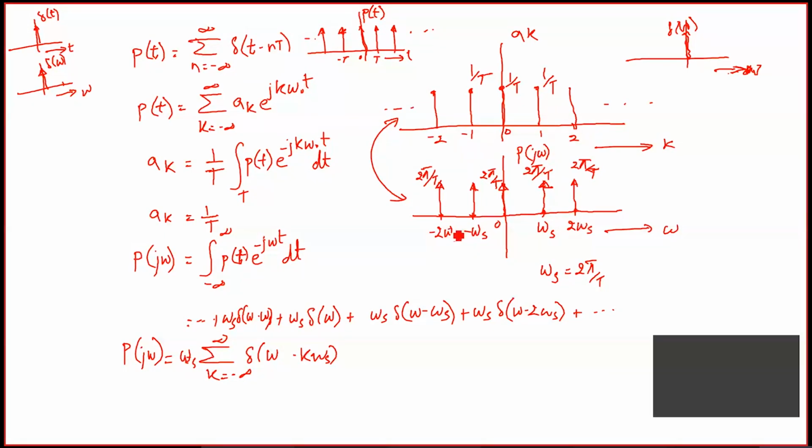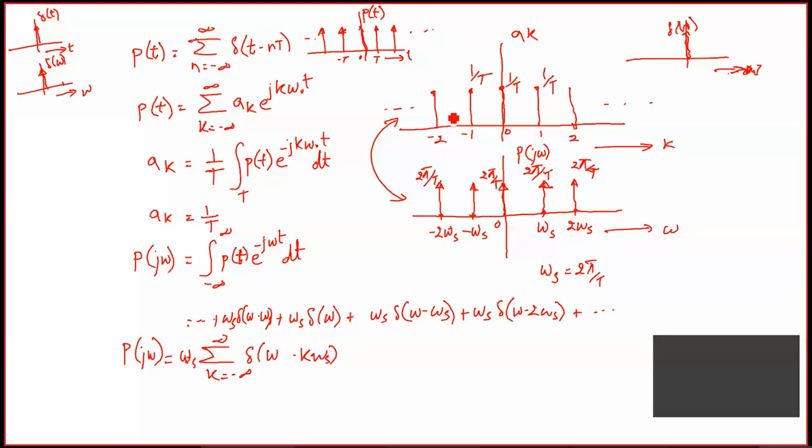The other thing is that if this value was 1, this value would be 2 pi. The relationship between a_k and the value of the complex exponential on the omega axis has a scaling factor of 2 pi. If this was 1, this would be 2 pi. If this is 1 over T, this will be 2 pi over T.